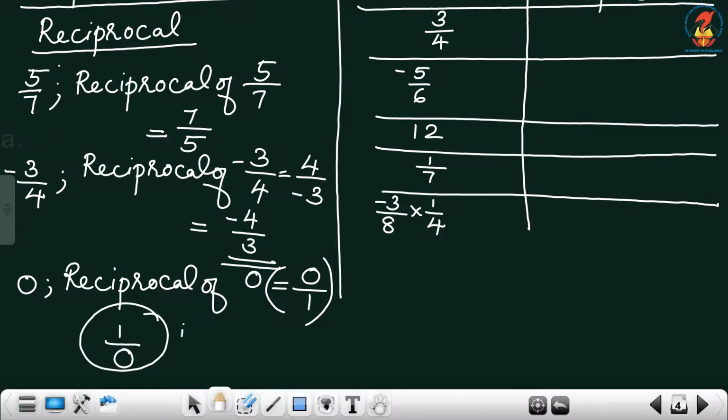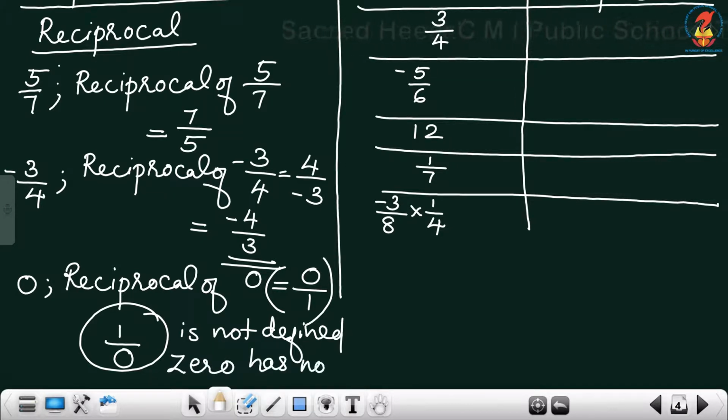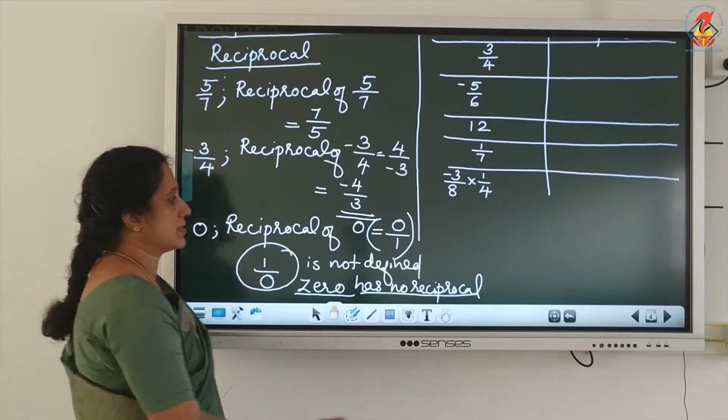No. 1 by 0 is not defined. So what can we say? 0 has no reciprocal. So, which rational number has no reciprocal? 0 has no reciprocal.